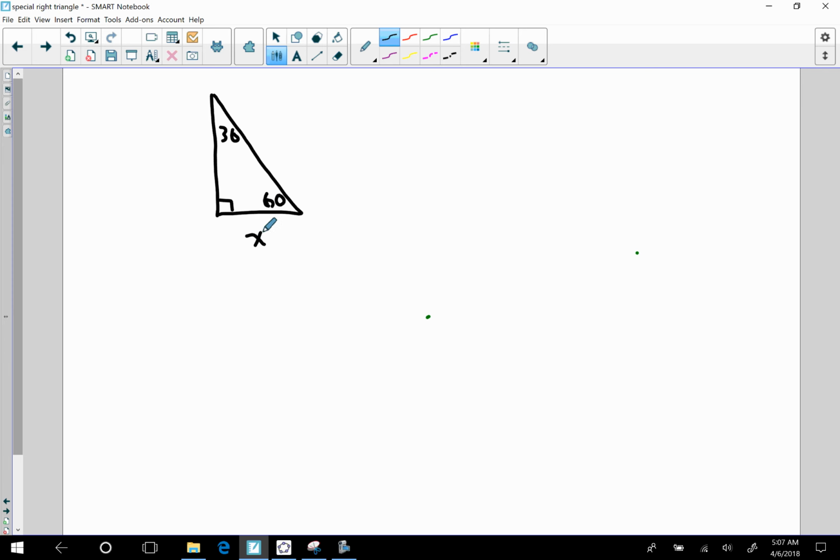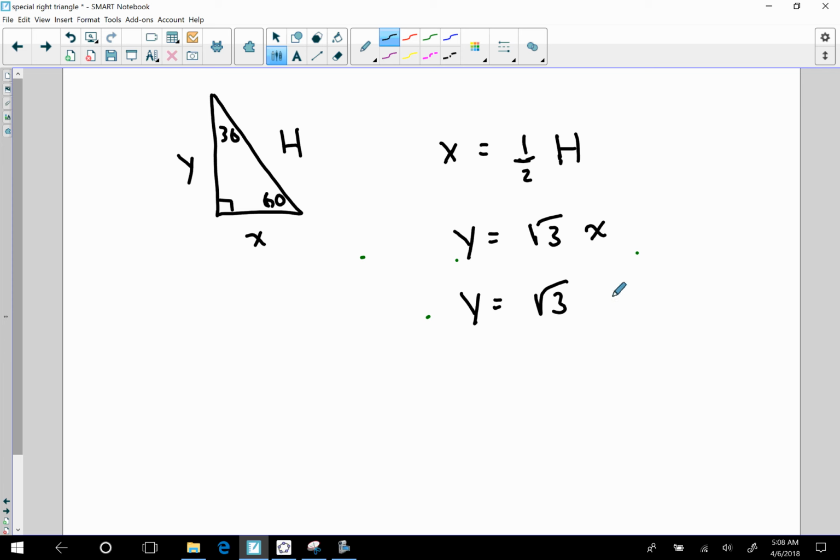If I have X as a short leg, Y as a long leg, and this is the hypotenuse H, X is equal to 1/2 H. Y is equal to square root of 3 times X. That would also tell me that Y is equal to the square root of 3 times 1/2 H. These are the three properties that you need to know.